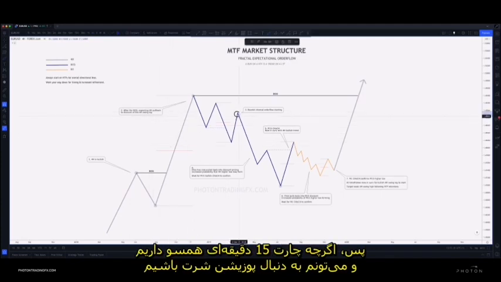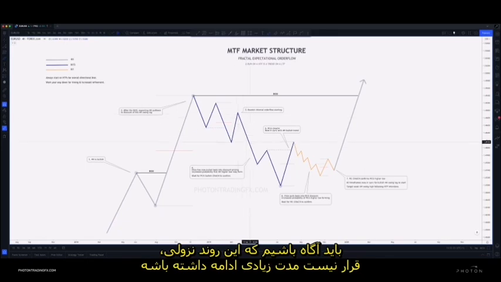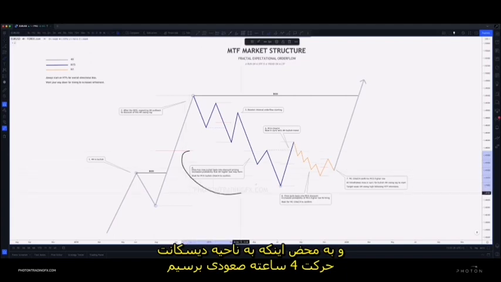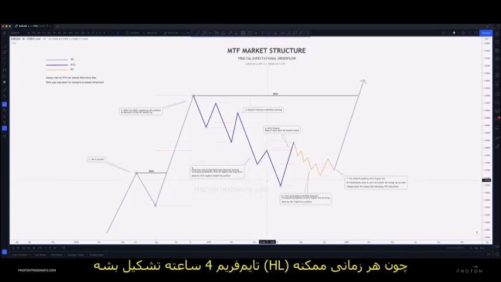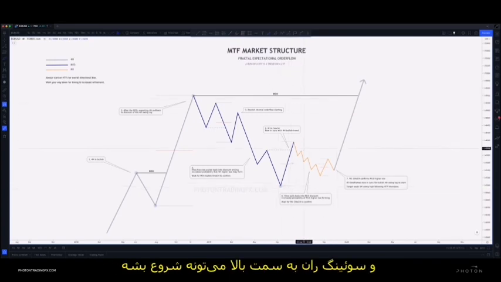So although we are pro M15 and we can be looking for shorts, we have to be aware that this bearish trend is probably not likely to continue that long, and as soon as we start to get down towards the discount of the 4-hour bullish leg, it's becoming lower and lower probability to be looking for shorts, because at any point in time that 4-hour higher low could kick in, and we could then start that next swing run to the upside.